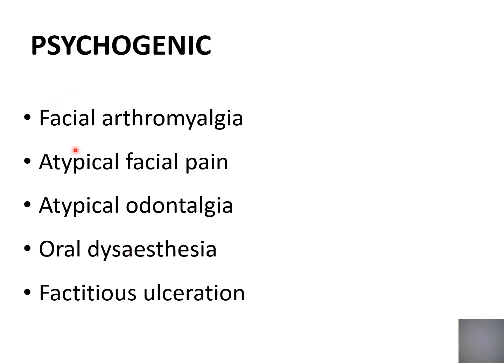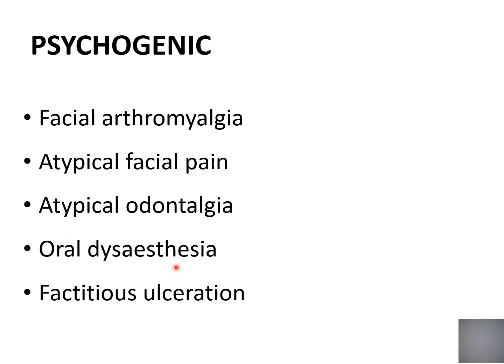Psychogenic pains may present in a variety of forms, such as facial arthromyalgia, so TMJ related pains, pains involving the entire face or a particular region on the face, pain involving a single or multiple teeth, when we can label it as atypical odontalgia.